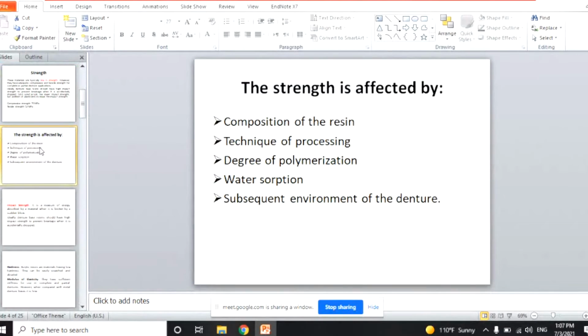The strength of acrylic is affected by the following factors: composition and quantity of the resin, the technique of processing (heat, cold, visible light cure, microwave), degree of polymerization, degree and percentage of applying heat, water sorption, and environment of the denture, hot or cold.